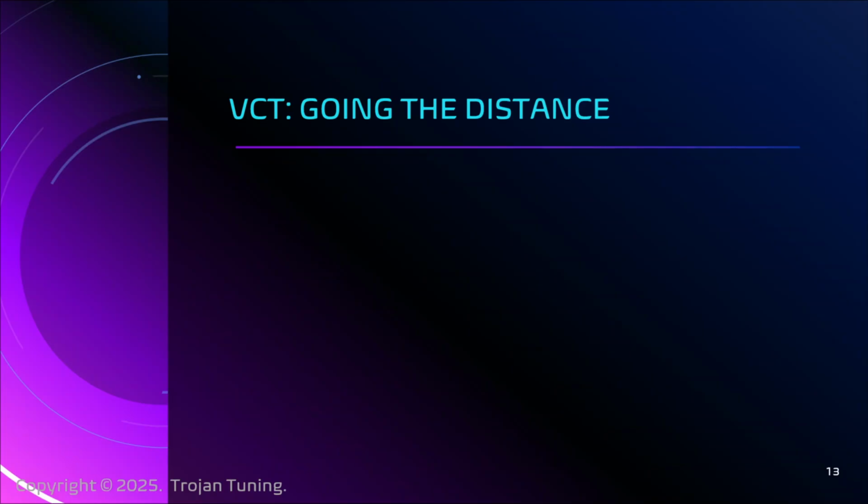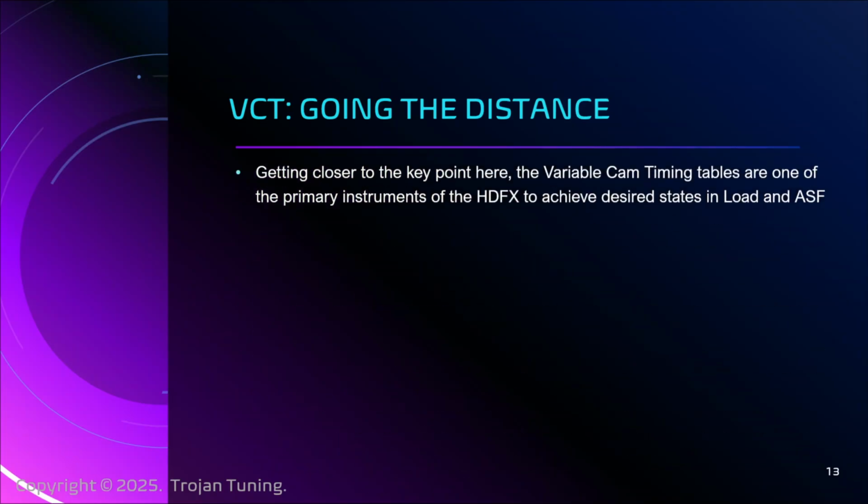Variable cam timing. So remember that the S650 comes with four twin independent camshafts, right? So over each bank of four cylinders, there is an exhaust and an intake set of camshafts. So two on bank 1 and two on bank 2, so four total.